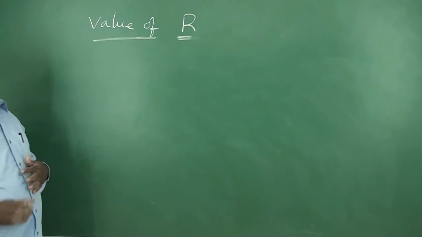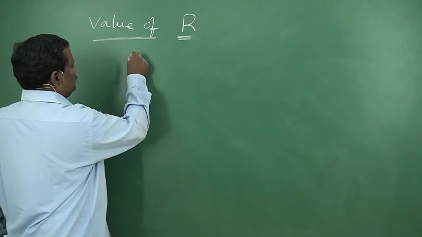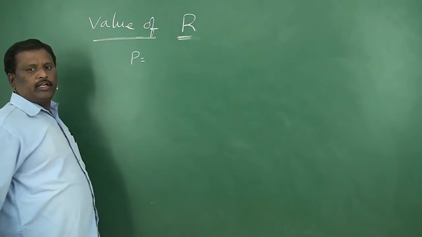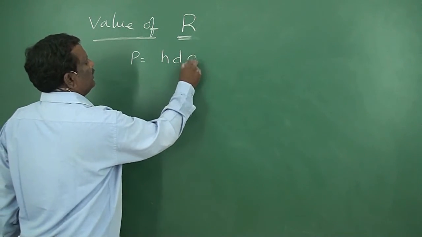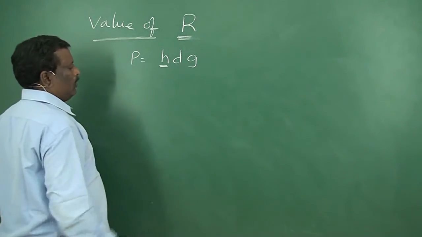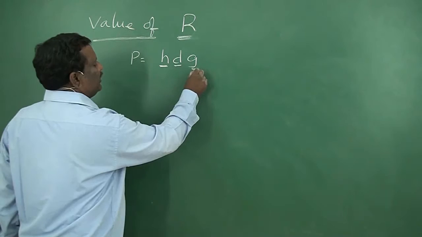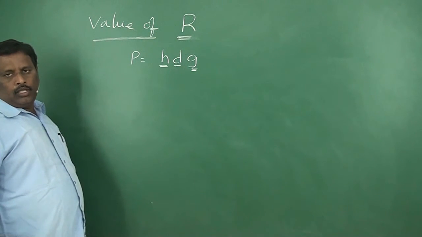Suppose pressure is expressed in dynes. The conversion of pressure into dynes should be in the form of hdg, where h is the length of the mercury column, d is the density of mercury and g is the gravitational acceleration.